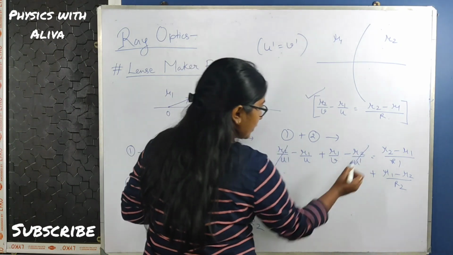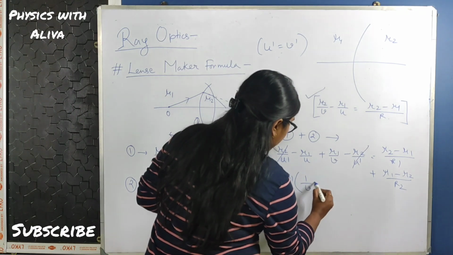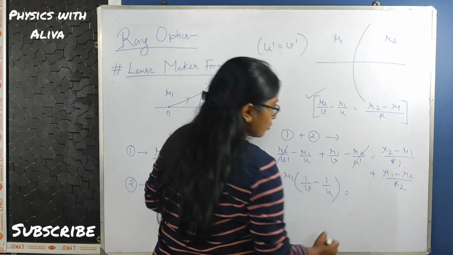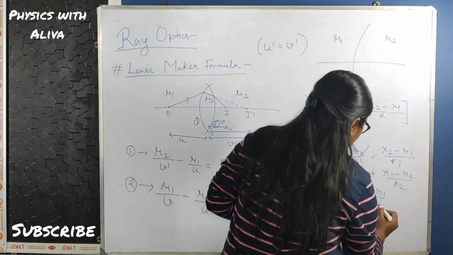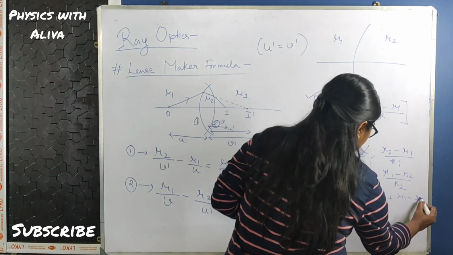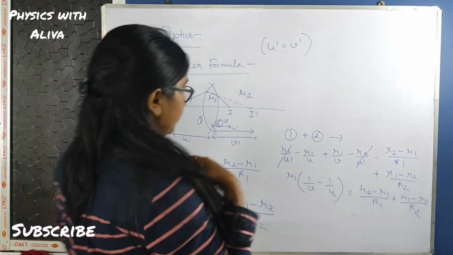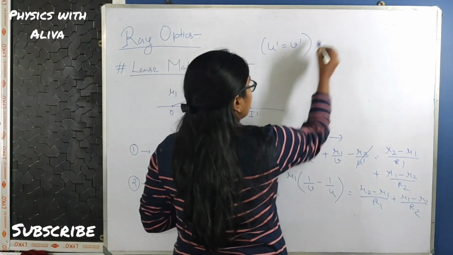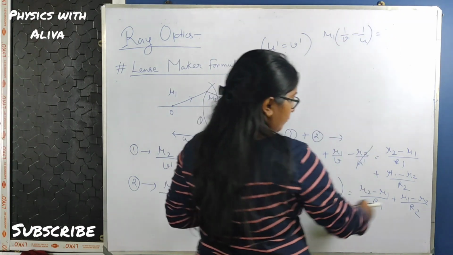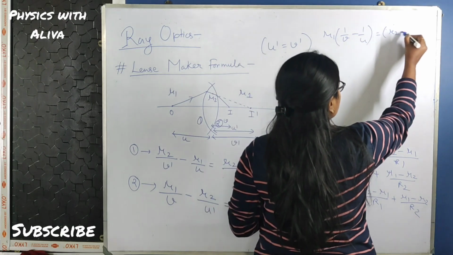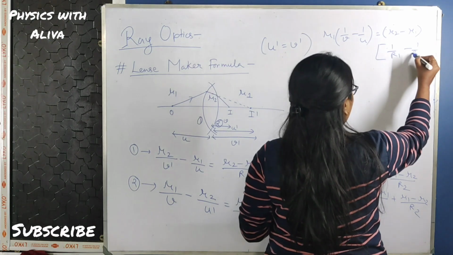So V dash can be replaced by U dash, and these two terms will cancel each other. We get mu1 in bracket 1 by V minus 1 by U is equal to mu2 minus mu1 divided by R1 plus mu1 minus mu2 divided by R2. Now we simplify. Taking mu2 minus mu1 common, mu1 times (1 by V minus 1 by U) is equal to (mu2 minus mu1) times (1 by R1 minus 1 by R2).